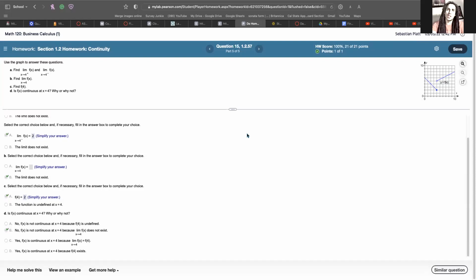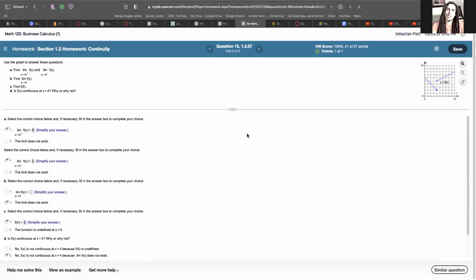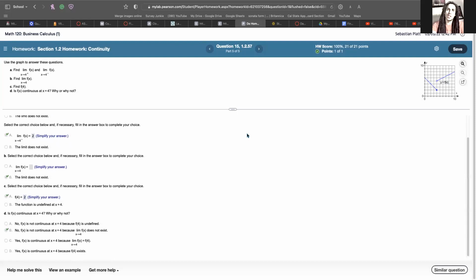And the answer is no. And the reason is because at x equals 4, the limit as x approaches 4 does not exist. Again, if we approach on the left, we get one thing, and if we approach on the right, we get something different. Therefore, no limit, and that's why it is not continuous.